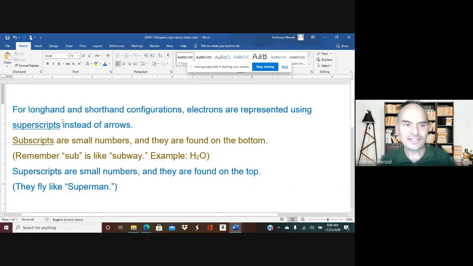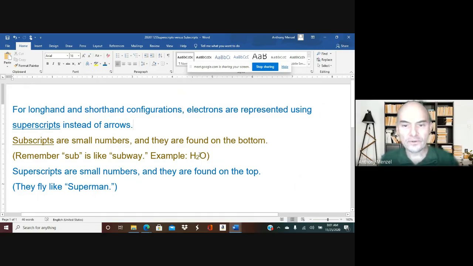As just a distinction, to understand what a superscript is, subscripts are small numbers, and they are found on the bottom. Remember, sub is like subway. The prefix of this word means underneath, like a subway.